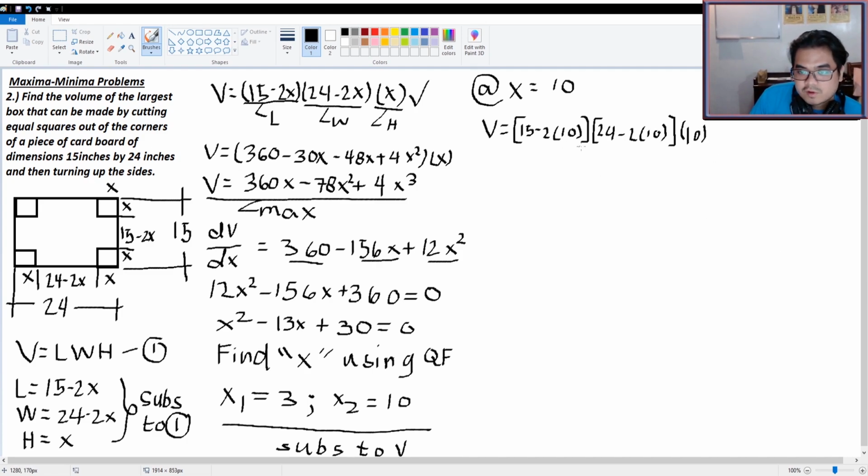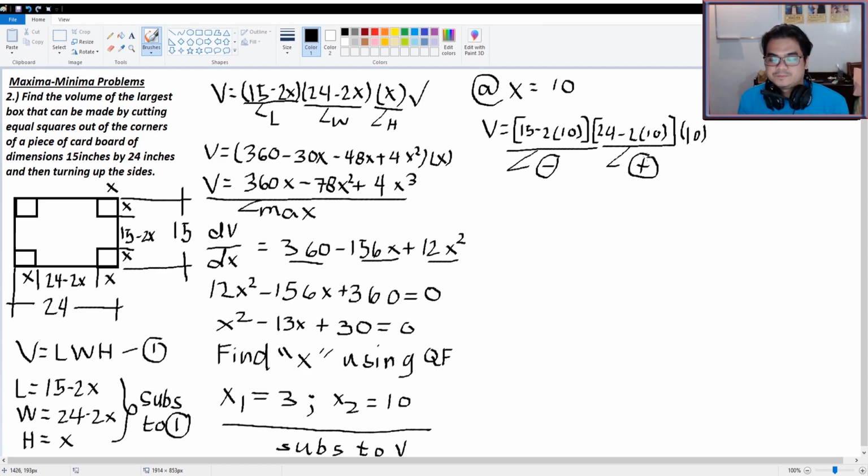Times 10. As you can see, if you now calculate this, 15 minus 2 times 10, that's 20. So 15 minus 20 will be negative. So this is negative, and this is positive. This will become positive. So we don't need to compute this anymore, because whatever the value of this one, it will become negative.